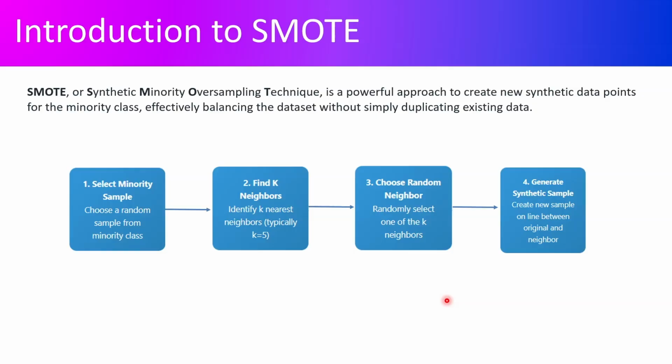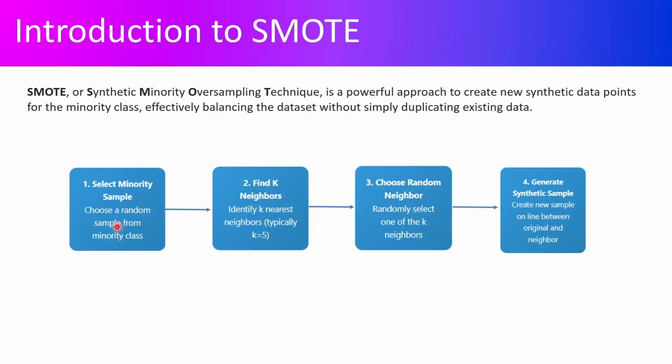SMOTE is a technique to create synthetic data points for the minority class. Instead of just duplicating existing minority samples, which can lead to overfitting, SMOTE generates new, slightly different samples by interpolating between the existing ones. So here is how it works.